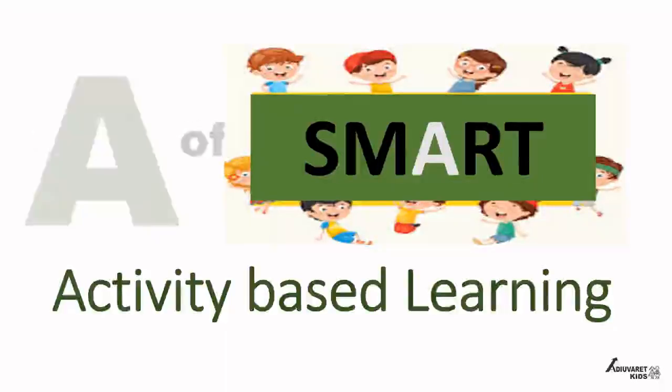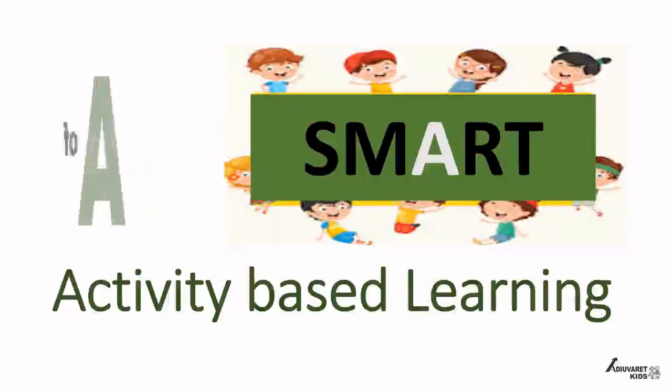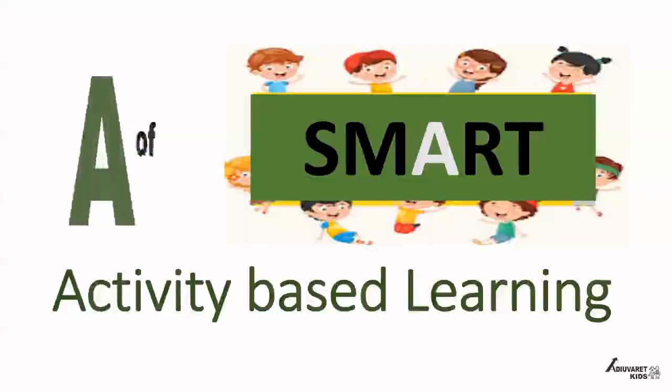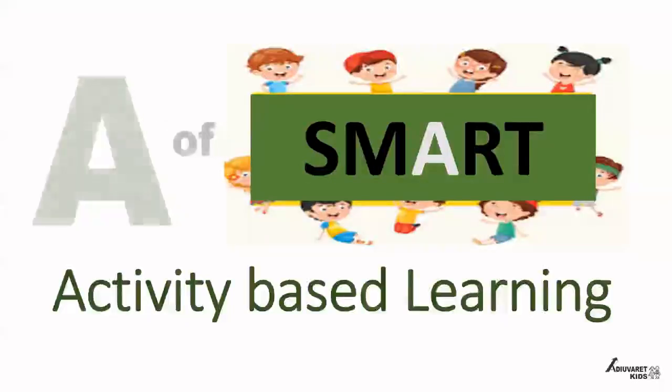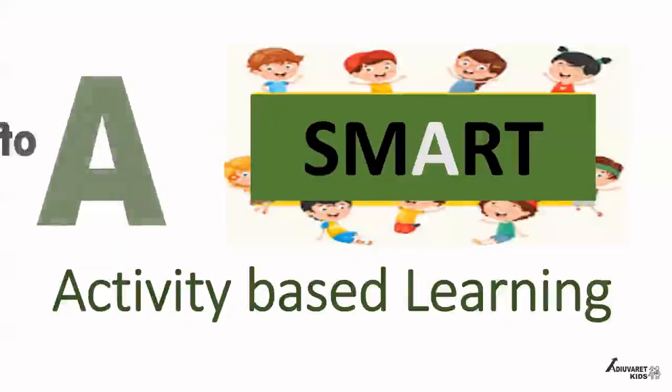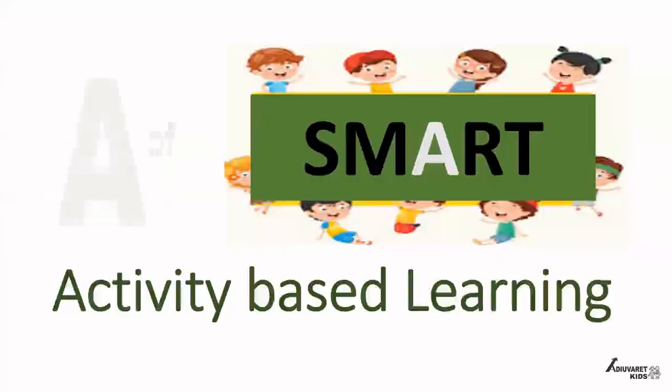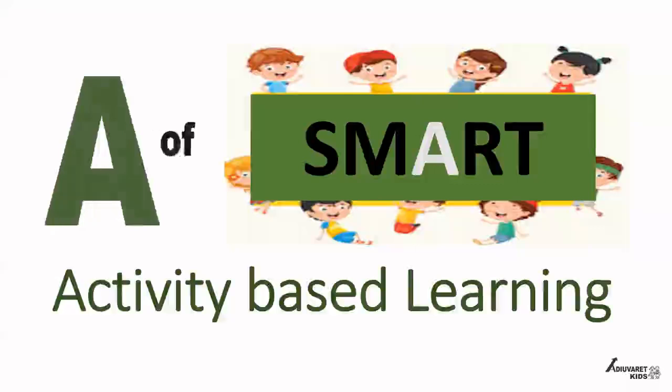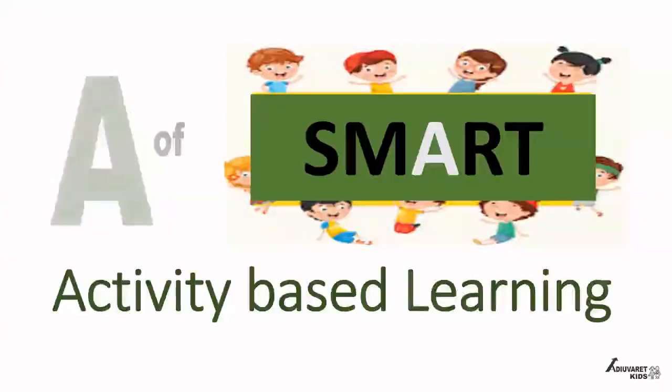In Educated Kids, we have been talking about activity-based learning in a very extensive manner, because this is one of the techniques, ABL or activity-based learning, which is comparatively easy, but it has a technique, a mechanism through which it will create better results.